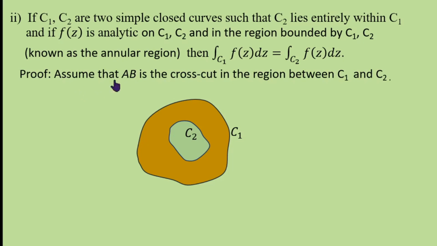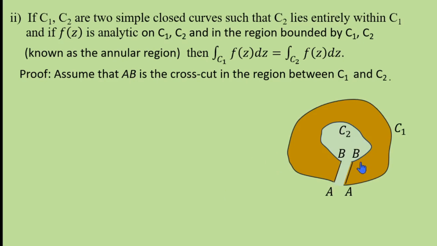Now to prove this, assume that AB is the cross cut in the region between C1 and C2. That means you are going to take one cut here at the points A and B. A is on C1 and B is on C2, and cut this region. Now the region looks like this. Just separate this at the points A and B. Now consider the closed curve.